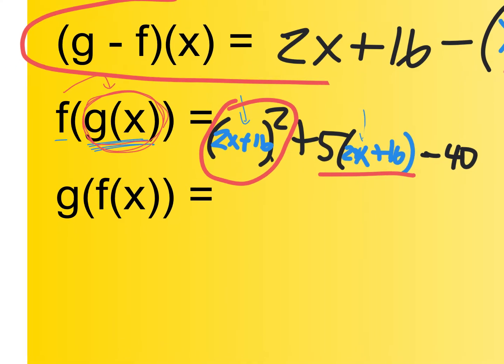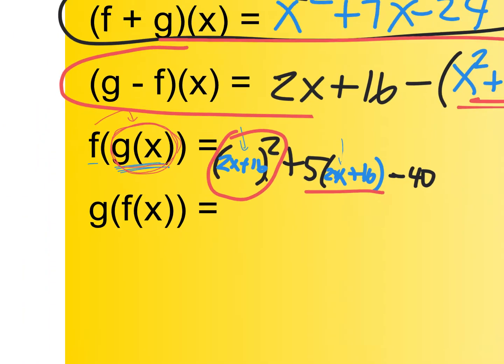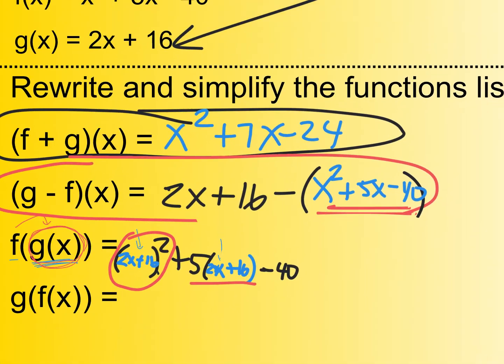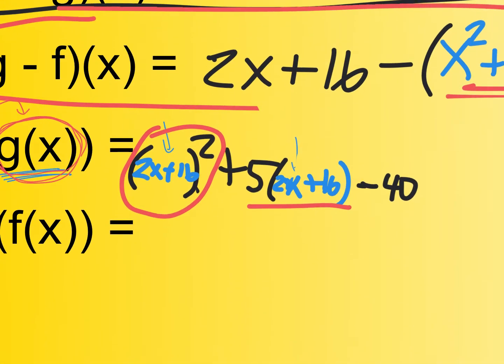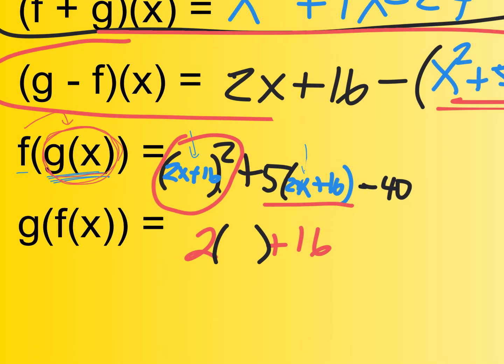Okay. If you understood what I just did, please take the G function, which is the 2x plus 16, make a spot where the x is, and have the G fish eat the F fish. G of F of x.